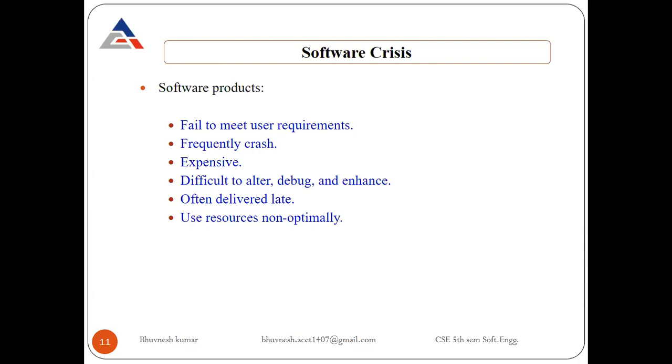That is the first step. Frequently crashing: if you have developed your product without any planning or design, then it crashes frequently, and that is also a step of software crisis.